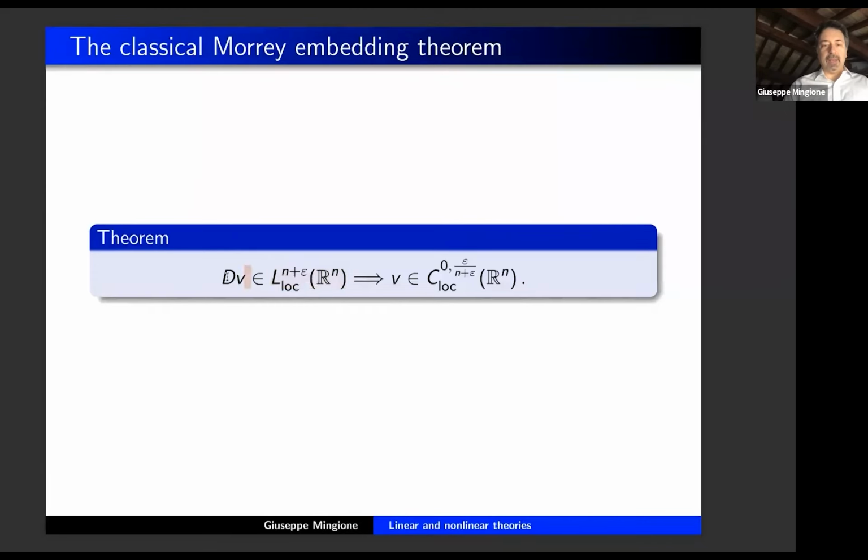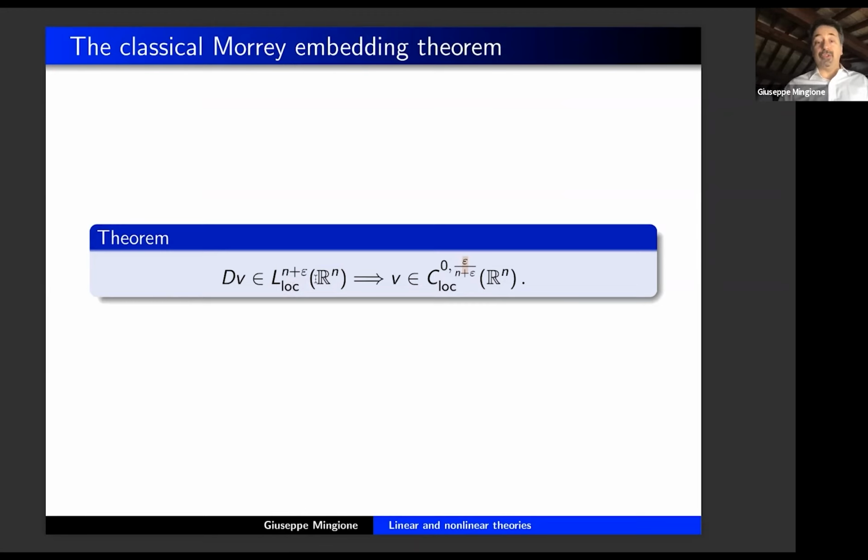You know that when dV is in L^{n+epsilon}, then V is in this Hölder space. It's once again a matter of Riesz potentials. Why? Because usually you represent V via the Riesz potential of the gradient. So if the gradient has a certain integrability, that is, its associated measure has a decay, then you can get the regularity of V. Now, what happens when epsilon goes to 0?